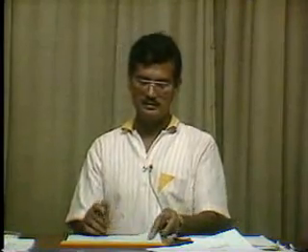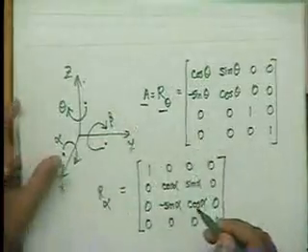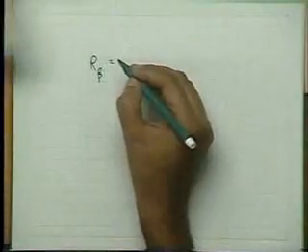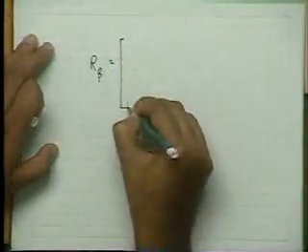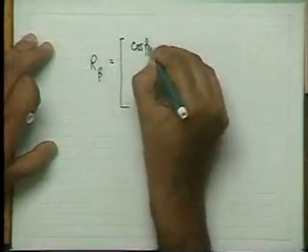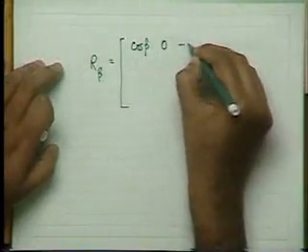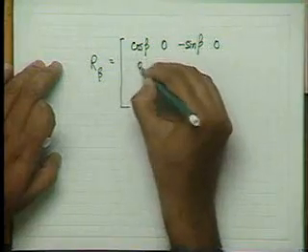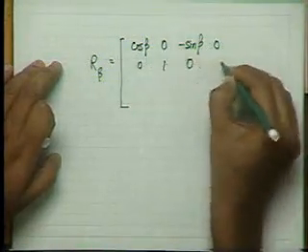And now the rotation about the y direction, that is R beta, can be written as: cos beta, 0, minus sin beta, 0. This row is 0, 1, 0, 0.